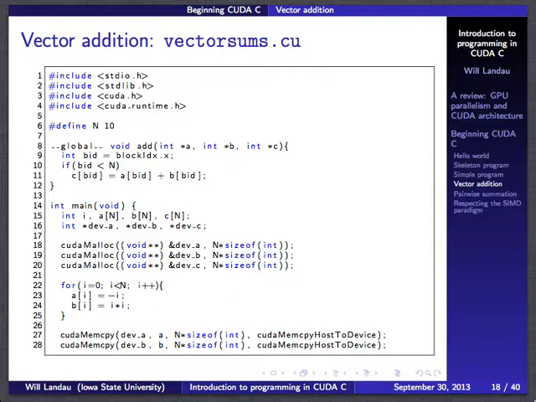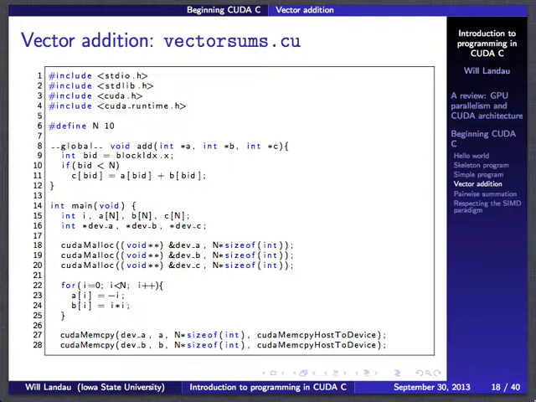And I say if bid is less than n, where capital N is the number of elements that I should have in my vector, N is a macro for the length of the vector at the very top, then I'm going to let c be the sum of a and b for that component indexed bid.